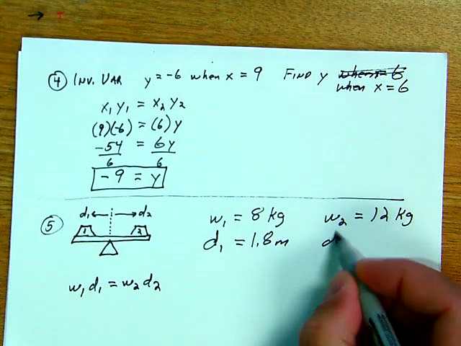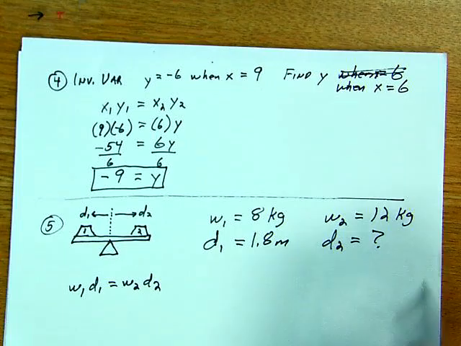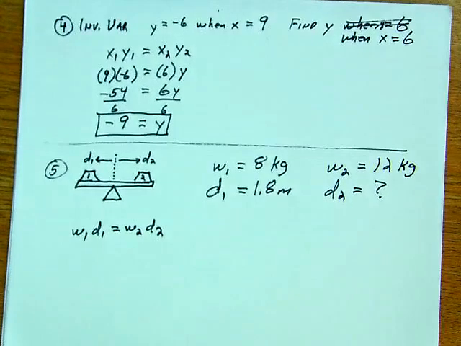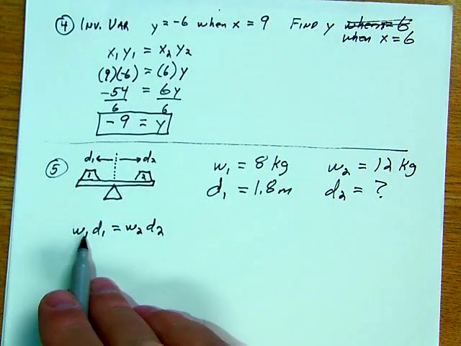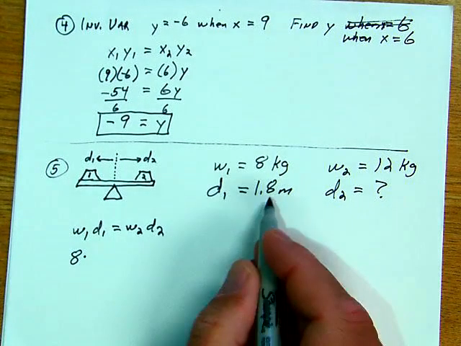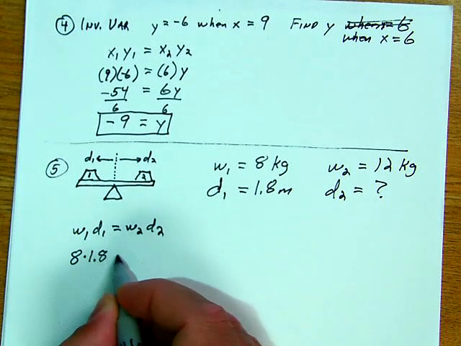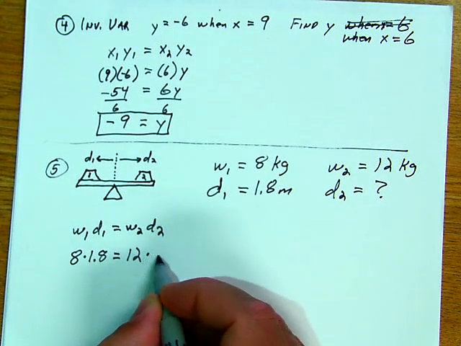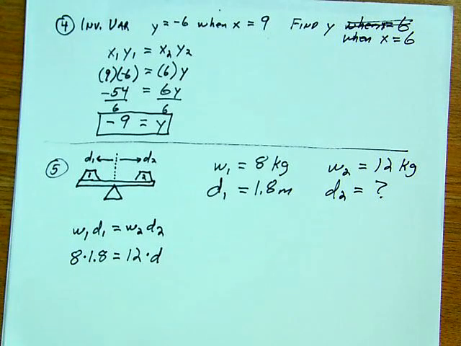And we want to know how far distance 2 is away. All right, so let's do the calculations. Weight 1 is 8 times the distance, 1.8, is equal to weight 2, which is 12, times the D value, or distance 2, that we're looking for.